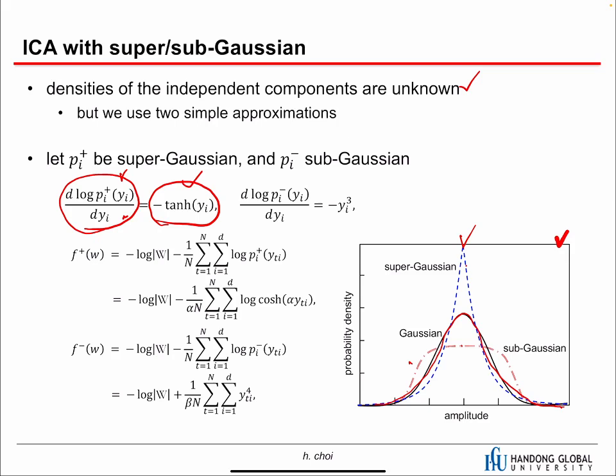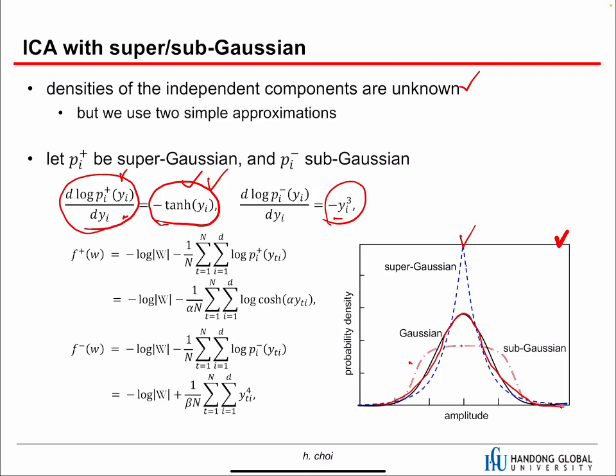So if the PDF is sub-Gaussian, then we can assume that this derivative is minus y to the power of 3. Okay, then here's a question. How do we know whether it is super Gaussian or sub-Gaussian? We don't know. So most of the time we just assume that the sources are super Gaussian.